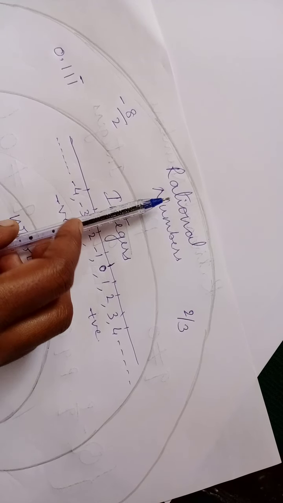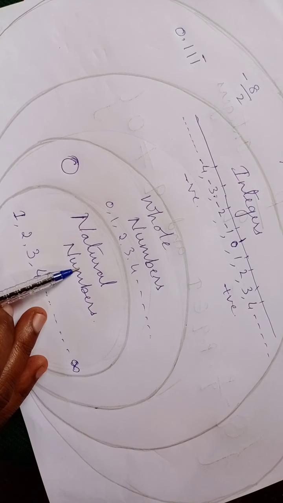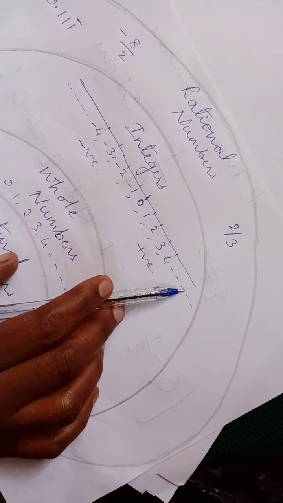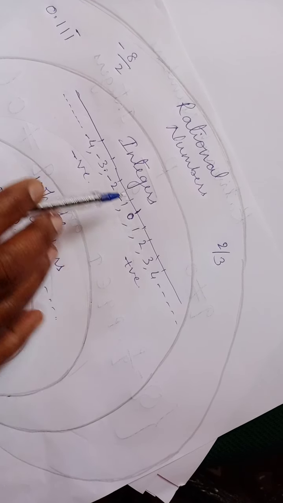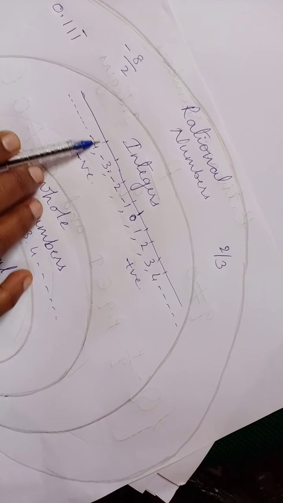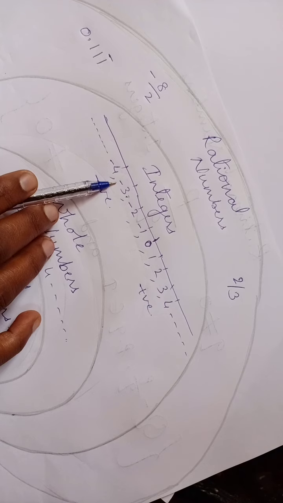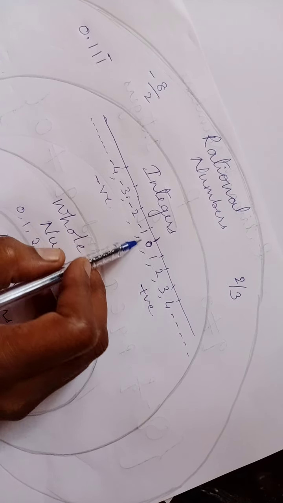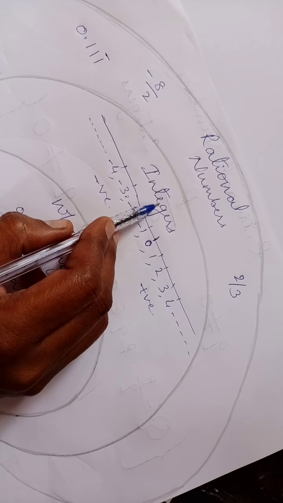So you can say that when you combine natural numbers, whole numbers, and on the left side the negative numbers, all these three, it becomes integers.